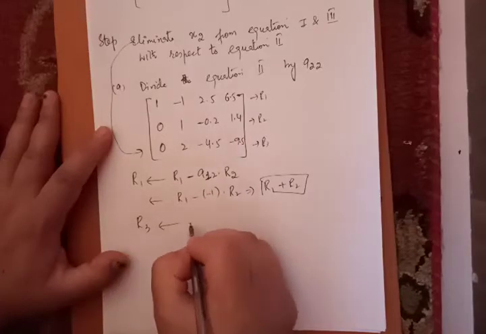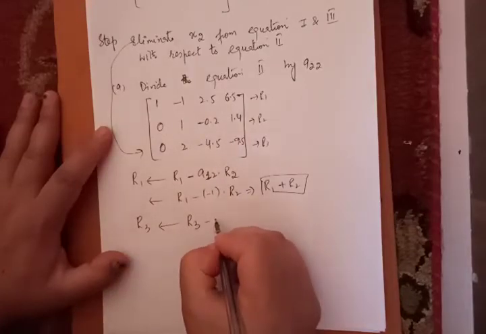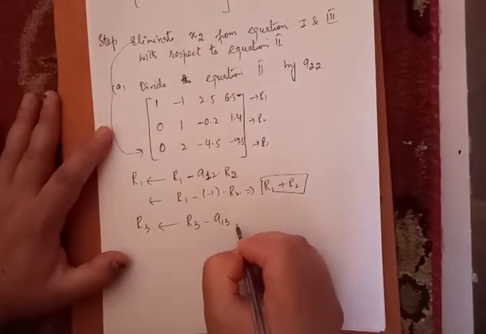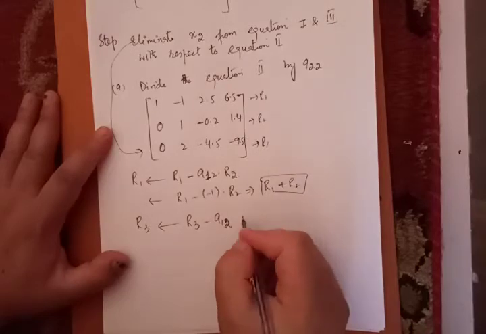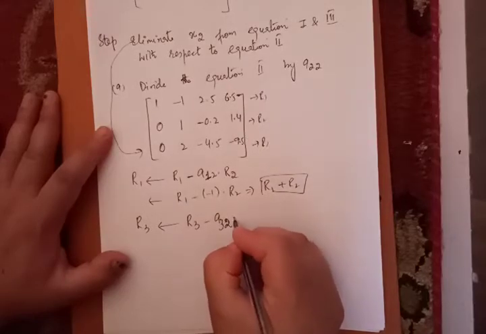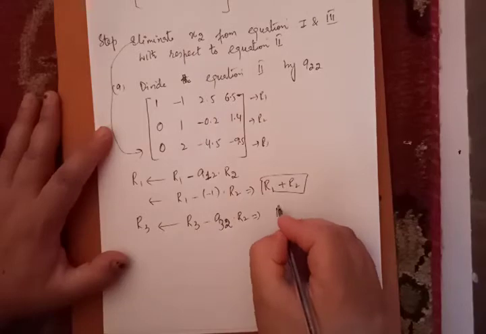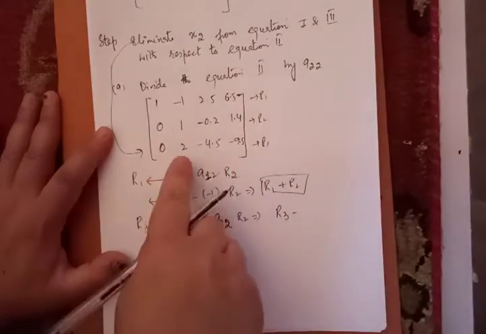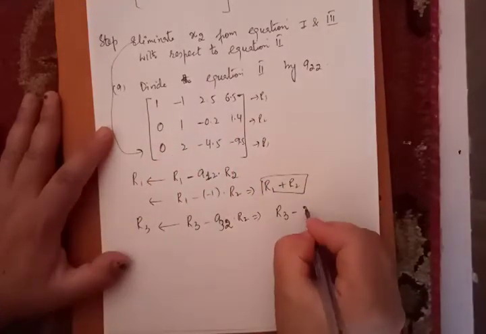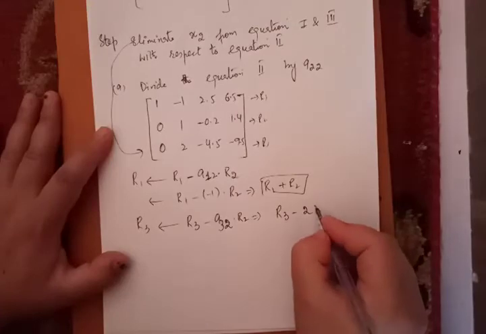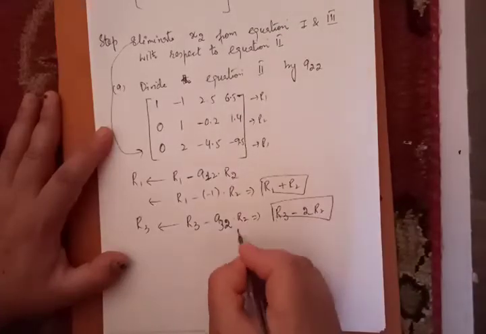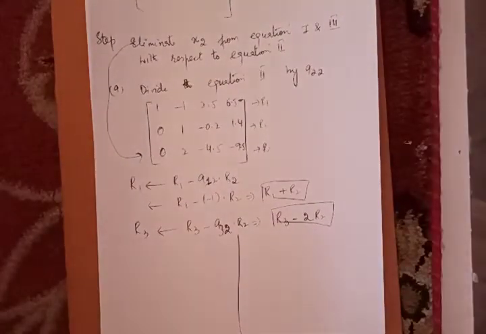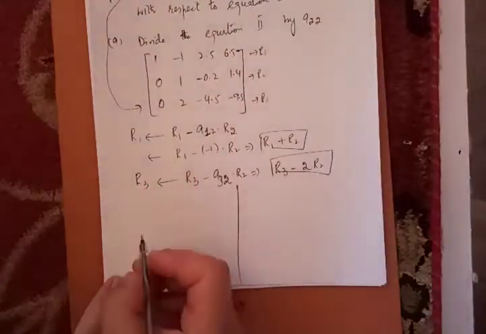Similarly on R3, this will be R3 minus A32 times R2, which will be R3 minus 2 times R2. So these are the two transformations which we have to apply.